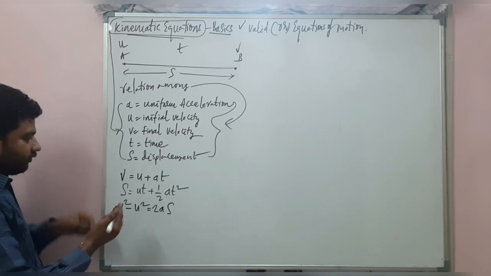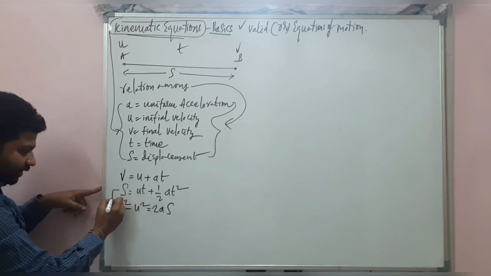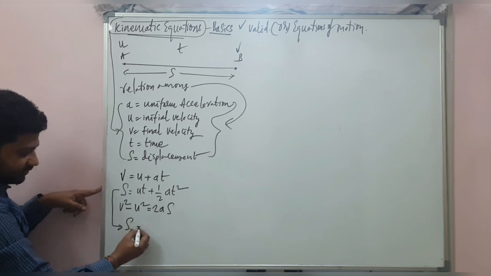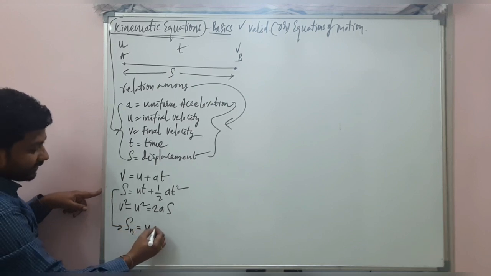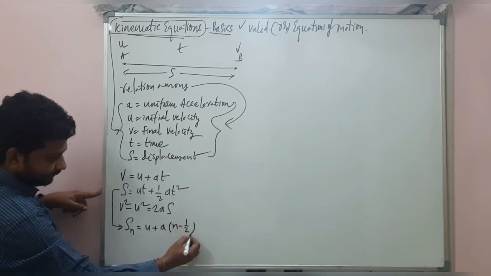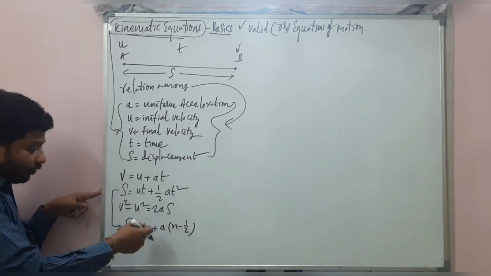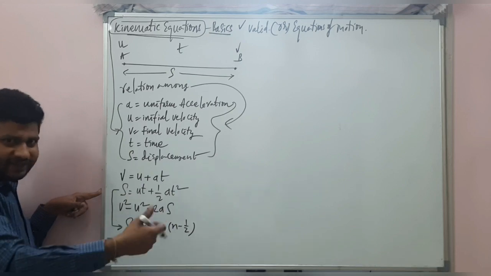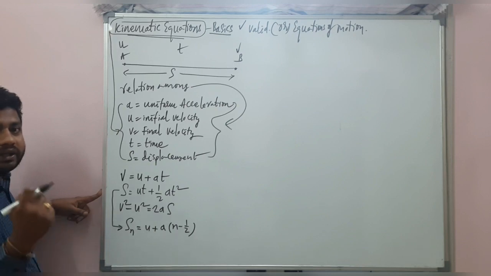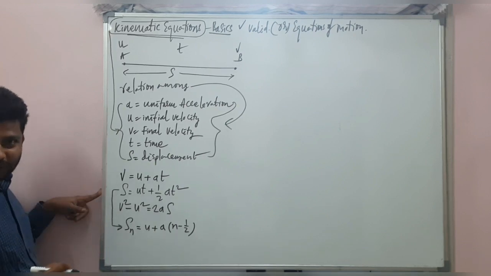From the third kinematic equation, there was an application: S suffix n is equal to u plus a into n minus half. What about this fourth equation? We'll discuss later.